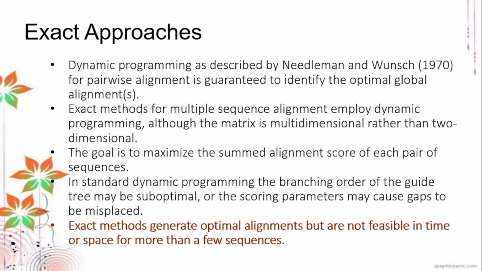If you remember, in the pairwise alignment, we are trying to find the optimal alignment based on the matrix, which path we will take from the bottommost right side going to the top left side, always going by the square with the highest score. So this is done for multiple dimensions, but again, if you have a different branching order, because it's no longer a two-dimensional matrix, it's three or more dimensions, so if there are some issues with the branching order, the alignment might be suboptimal.